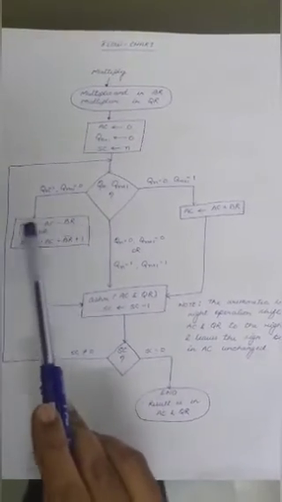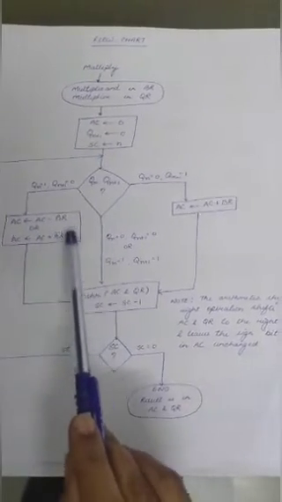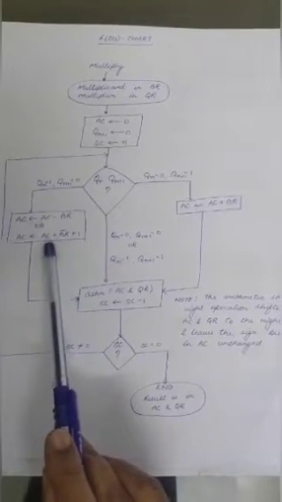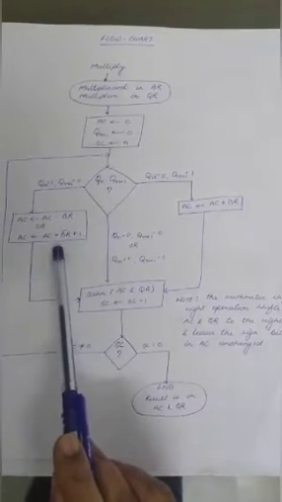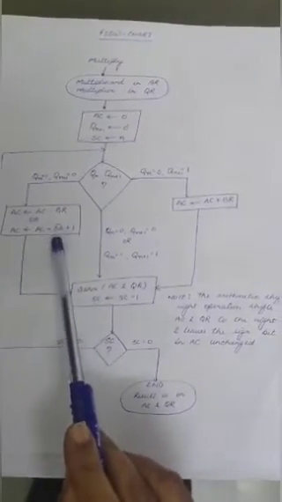This subtraction can be done using the 2's complement method, so AC is equal to AC plus complement of BR plus 1. So I have to perform the subtraction operation.